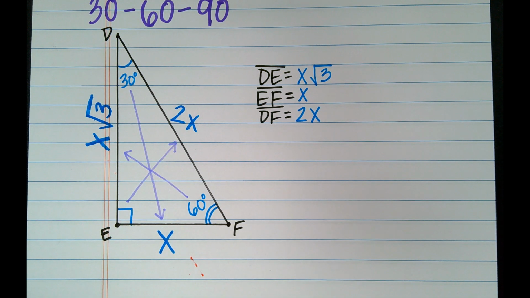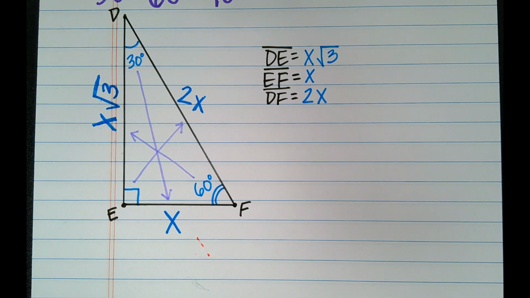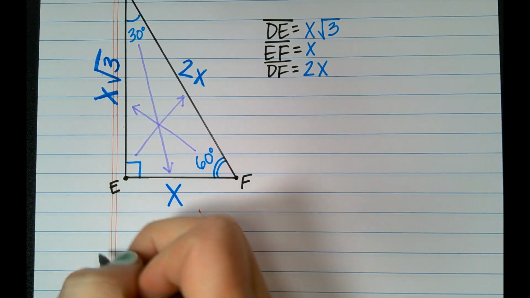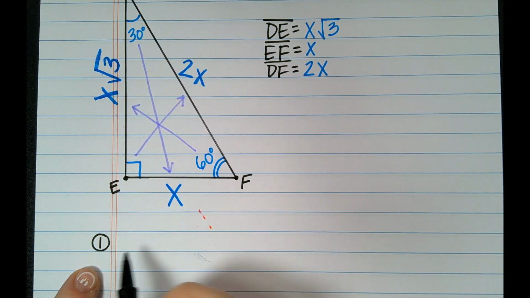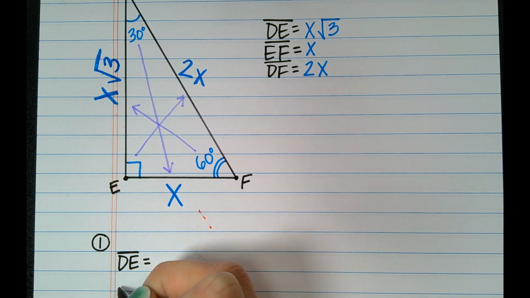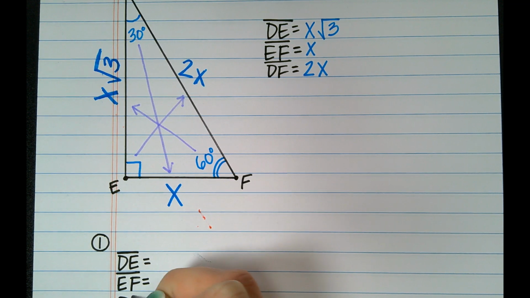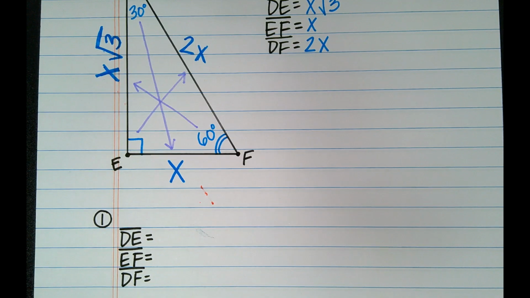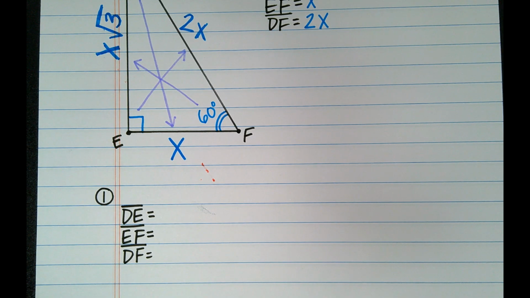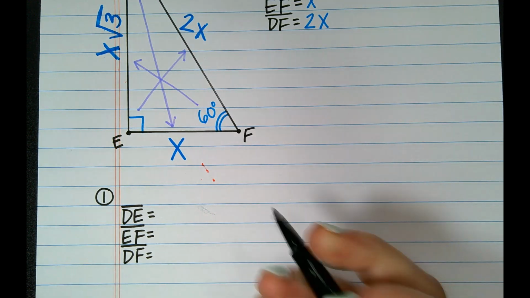Okay, so let me give us an example problem. Let's say that you are given the measure of DF.